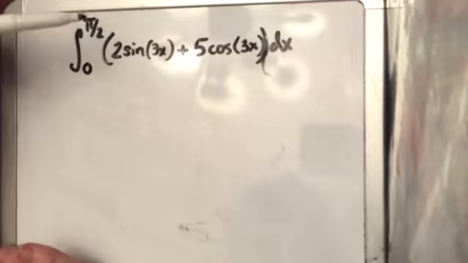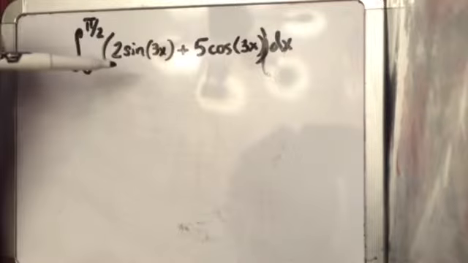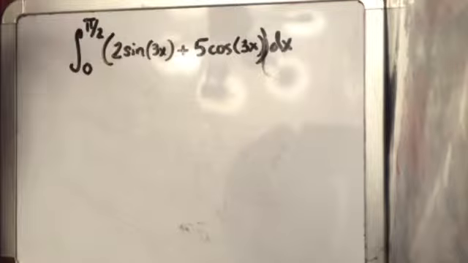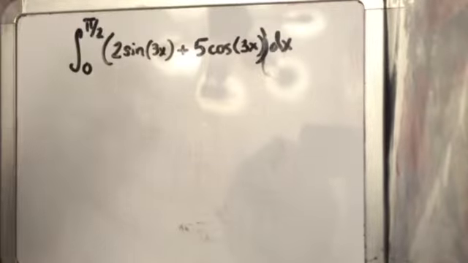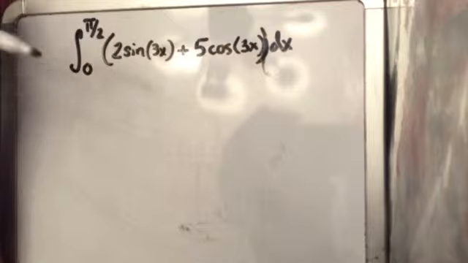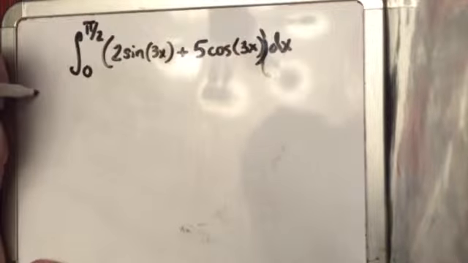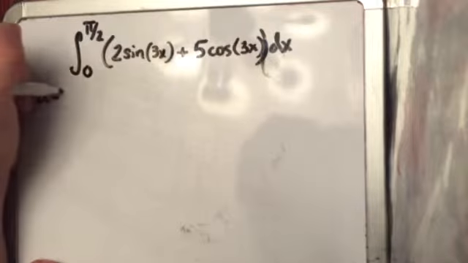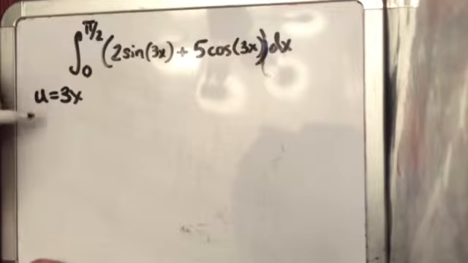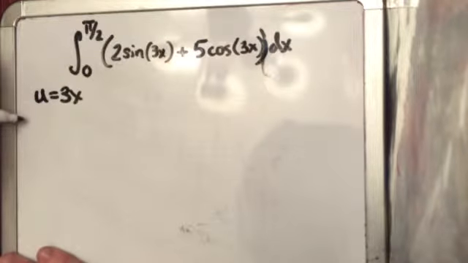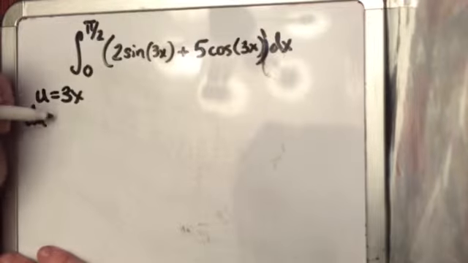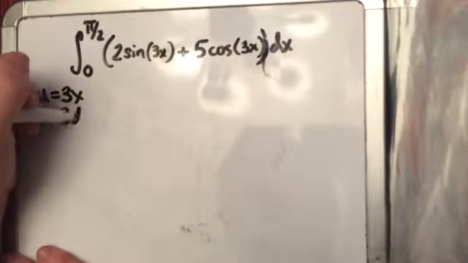What we see here is that we have trig functions on the outside and the argument of the trig function is a function itself. So in this case, we're going to make 3x equal to u. And then we can find du. So du equals 3 dx.